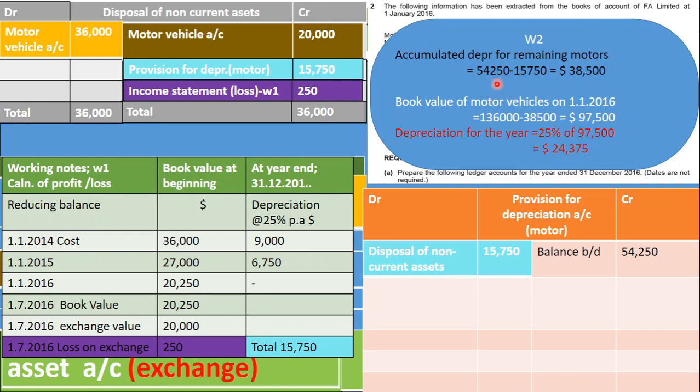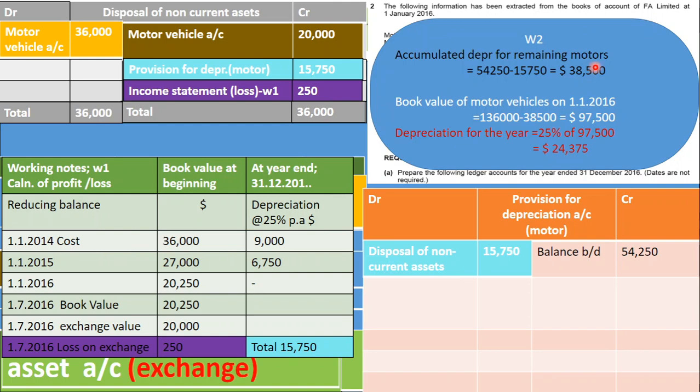If you look in the question, this 54,250 is for all the motors that were there in the beginning. This is the accumulated depreciation. From that, if you deduct the accumulated depreciation of the motor vehicle that was exchanged, you get the accumulated depreciation for the remaining motors, or the existing motors there.